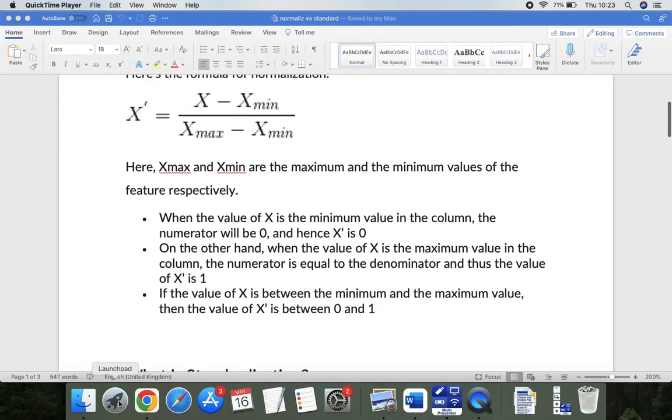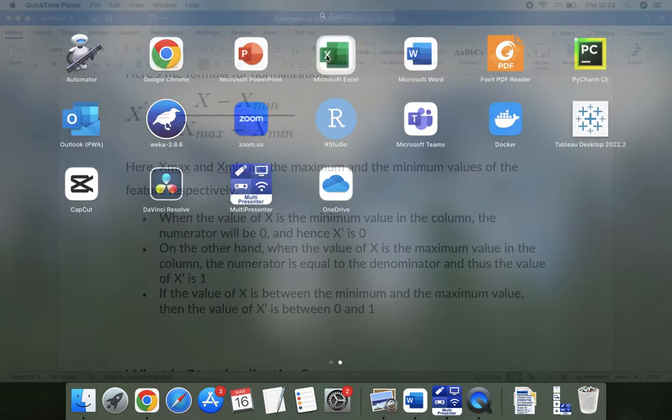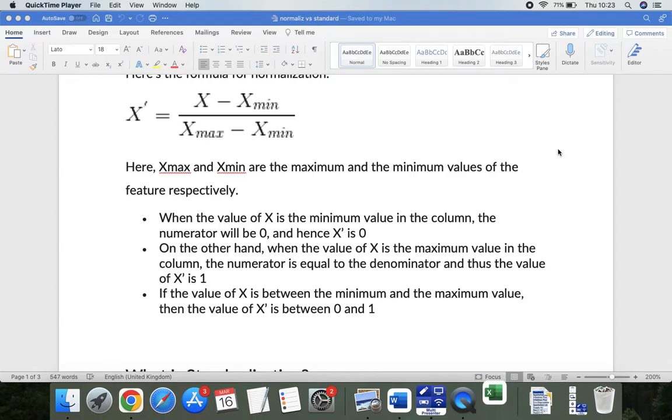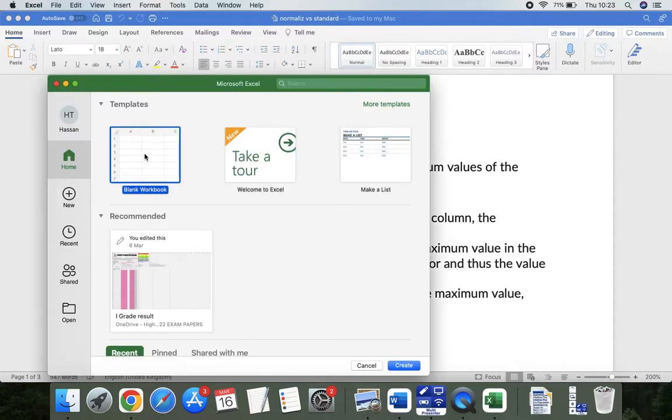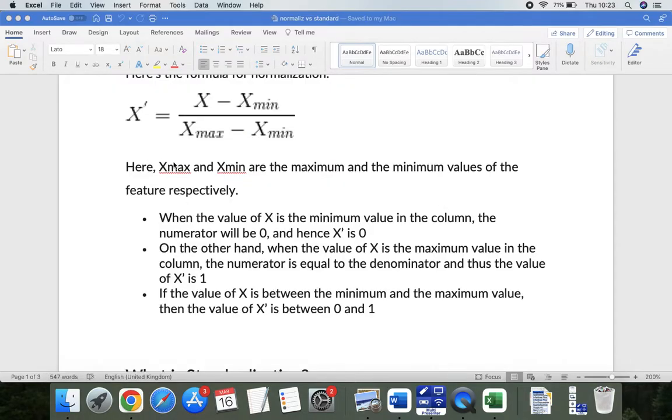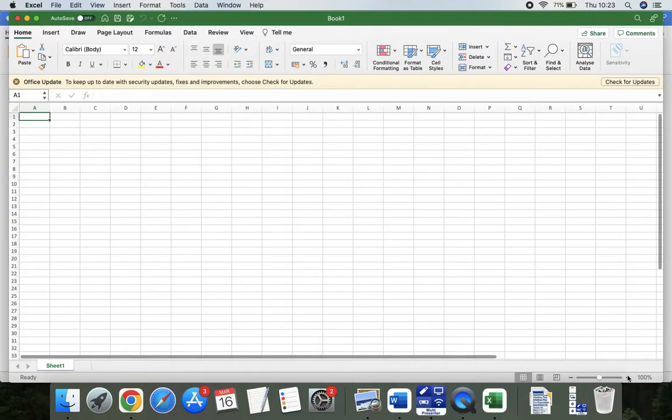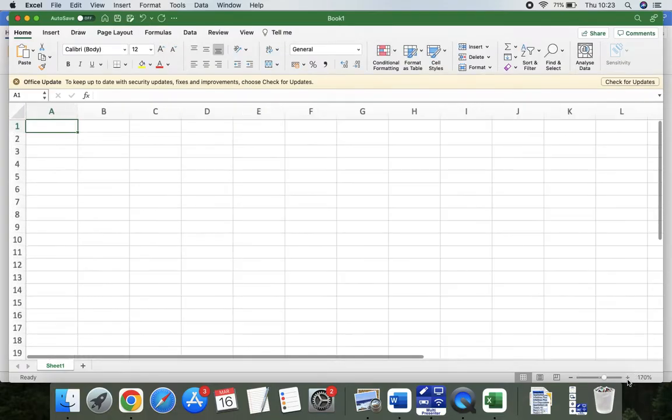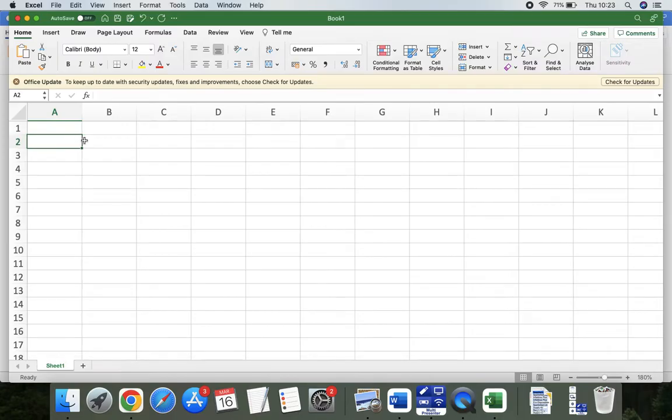For example, let's assume that we have some data.